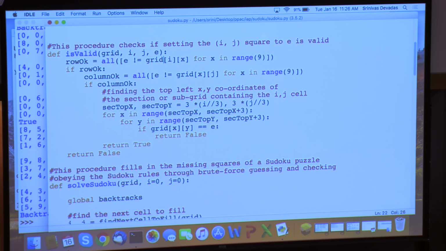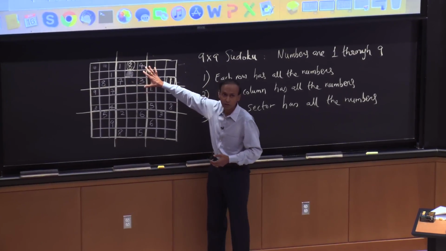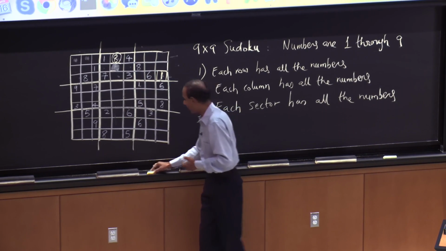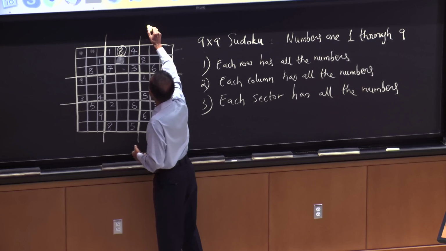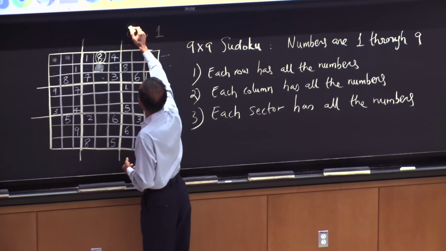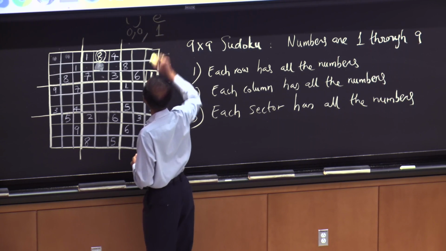So is valid grid ije takes the grid which looks like this one, let's say, and so it's got zeros in all of the empty places, and it's got a bunch of non-zero entries in all of the places that you see here. And in addition, you have perhaps 0, 0, and let's call it 1, right? And so this is I, and this is J, and that is E, okay?